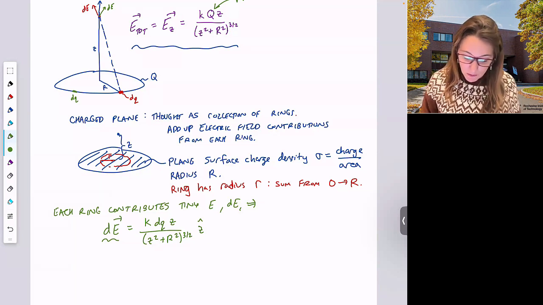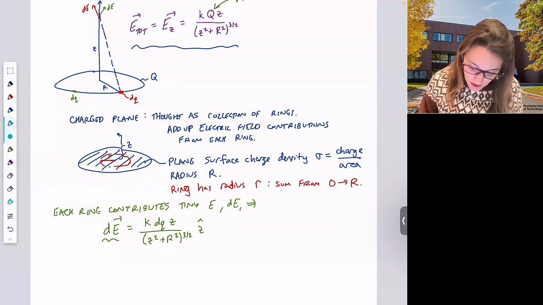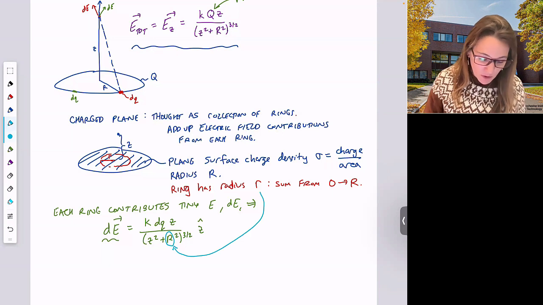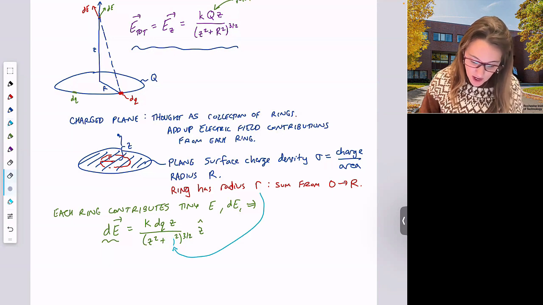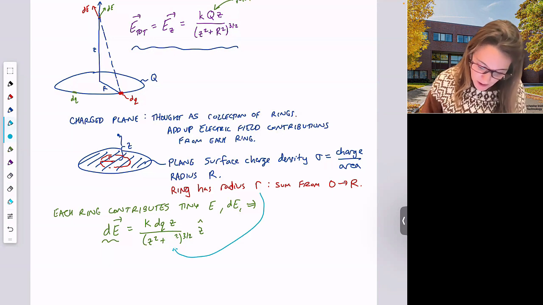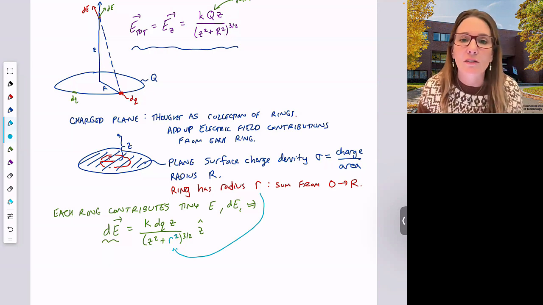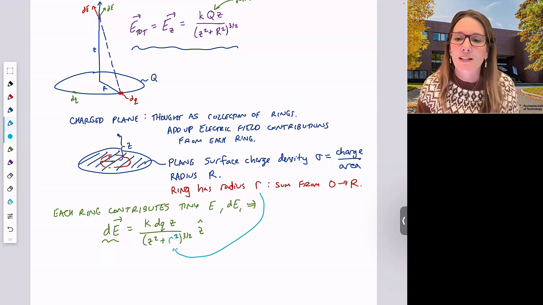So fundamentally speaking, the main thing we're going to change is that this is now going to have the variable radius r. So we're going to put this as our little r squared, and that's going to give us something that we can integrate.